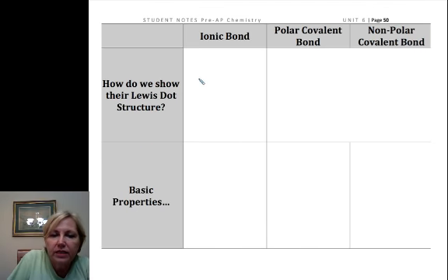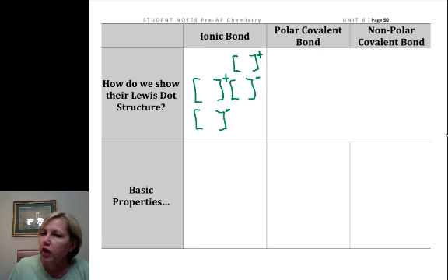How do we do their Lewis dot structures? Well, for ionics, we're going to use brackets and charges. And remember, you just have to order them so that negatives and positives don't touch one another. We're not getting into crystal structures. We don't have to worry about that. So just make sure they alternate positive and negatives.